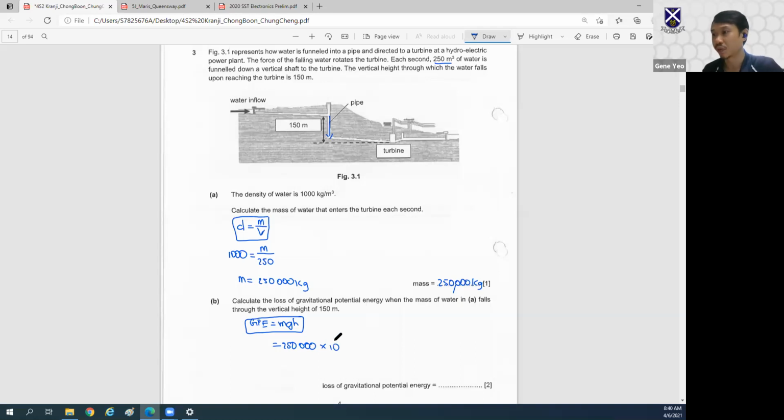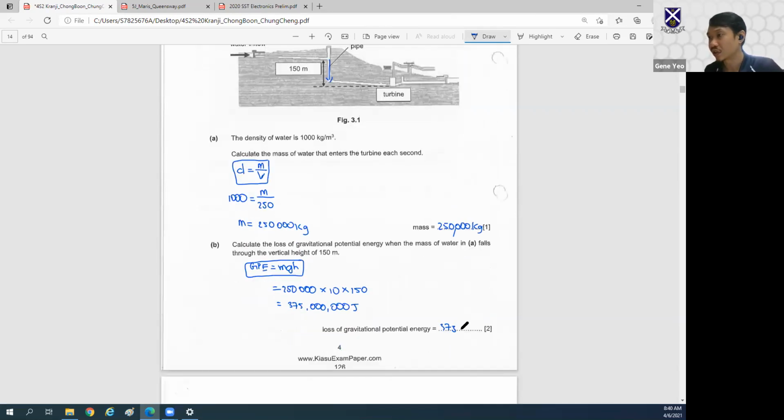I'm going to assume that we're on Earth. And the height is 150 meters. So this will get you 375 million joules of energy.